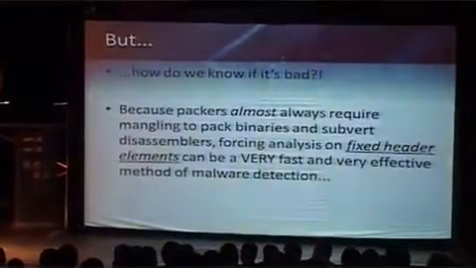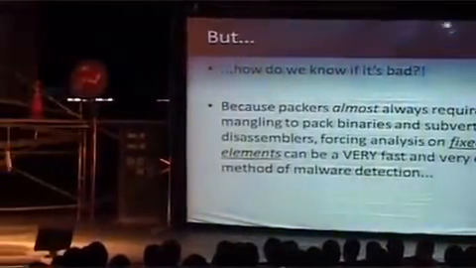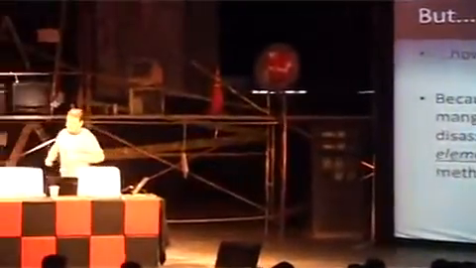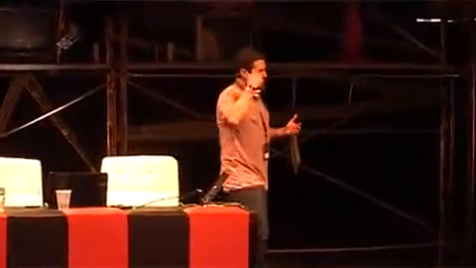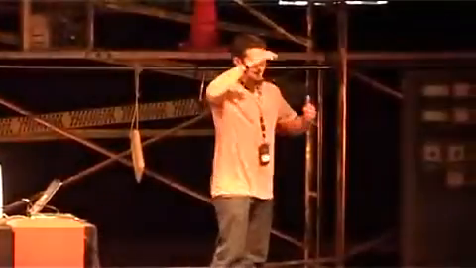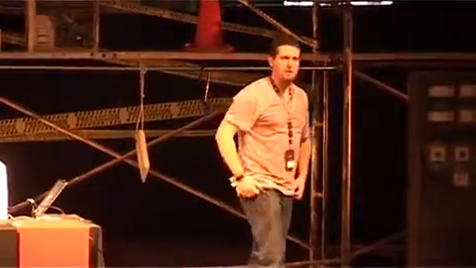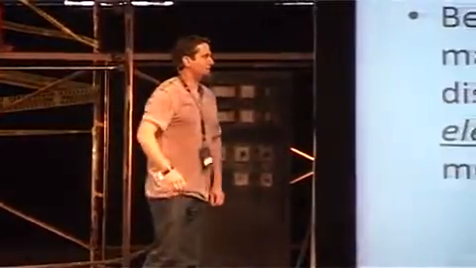But what happens when we have less to go on? Think back to the slide I had that showed the structure of the PE file with those umpteen different fields.